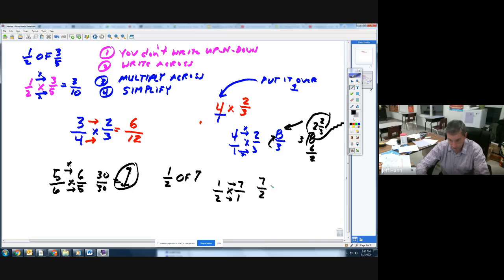And that's an improper fraction, so I have to change that to a mixed number. I divide 2 into 7. I get 3 with the remainder of 1, but never when I'm working with fractions will I leave anything as a remainder. I always make it a fraction. You take the remainder and put it over the denominator. So my answer here is 3 1/2.